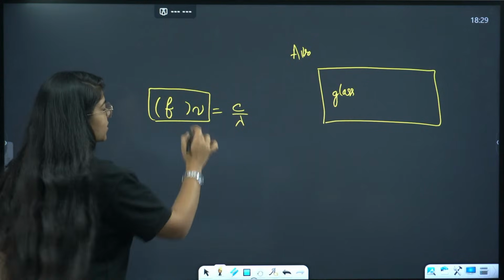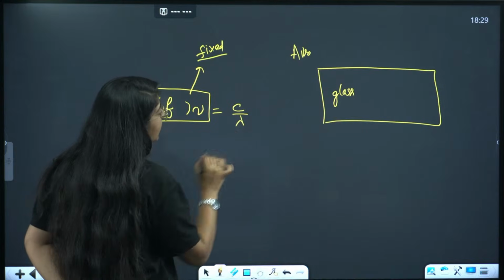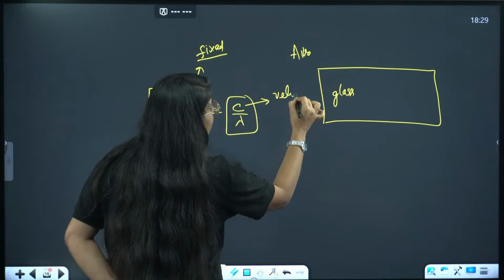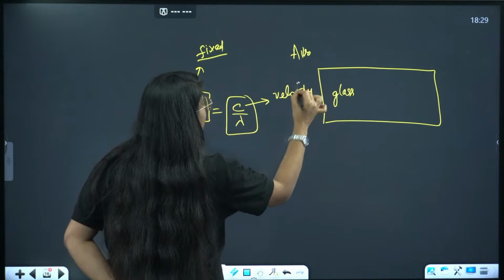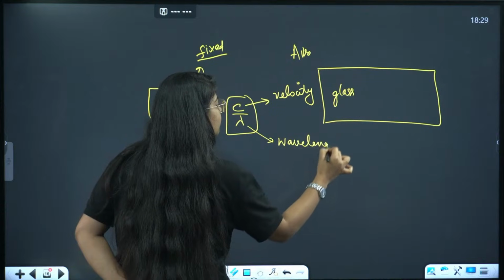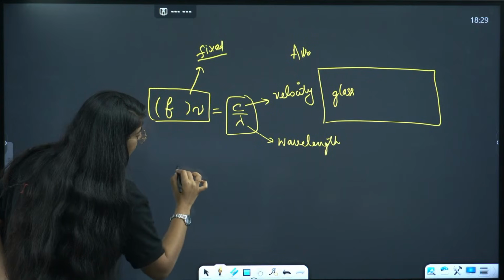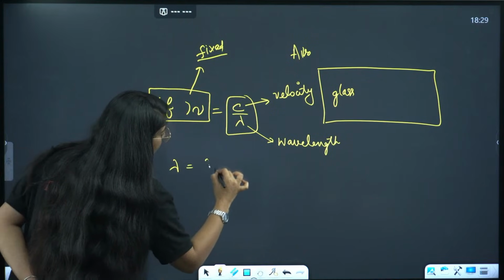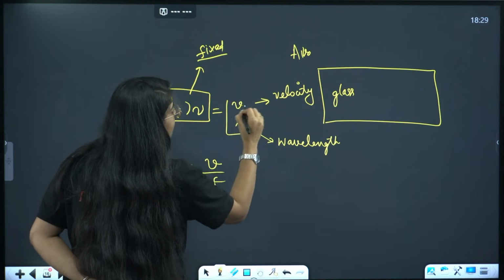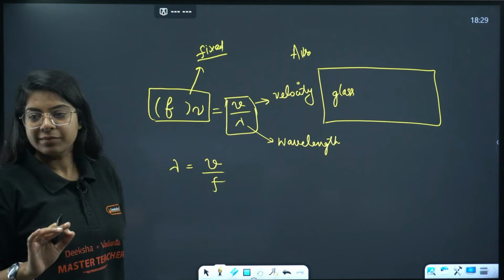Let's write the relationship between velocity and lambda, where lambda is the wavelength of light. We can write lambda equals v by f. Let's not write this as c, let's write it as v, because c is specifically for the velocity of light.